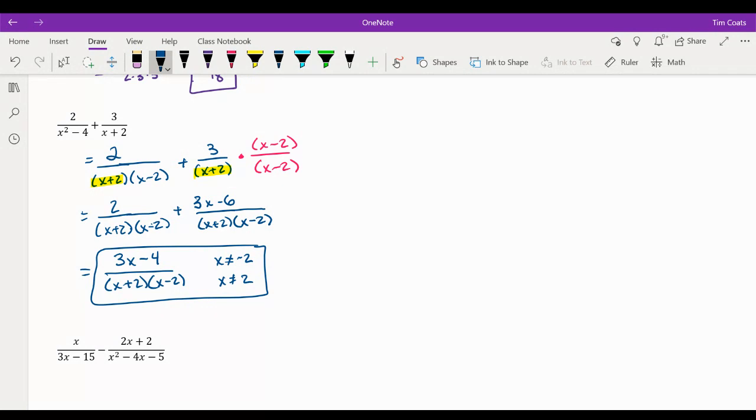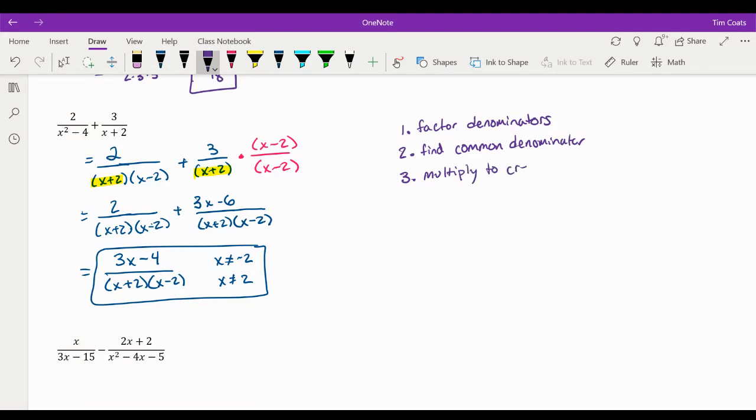So if you're looking for the steps, okay, how do I do this? The first step, factor denominator. Step 2, we want to find the common denominator. And then step 3, we want to multiply to create the common denominator.